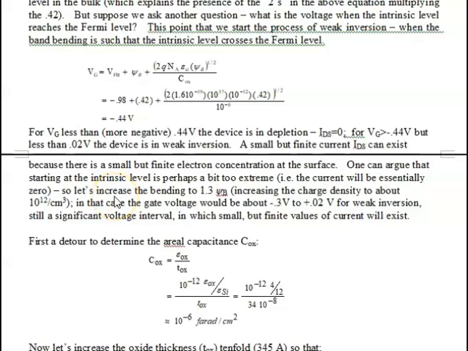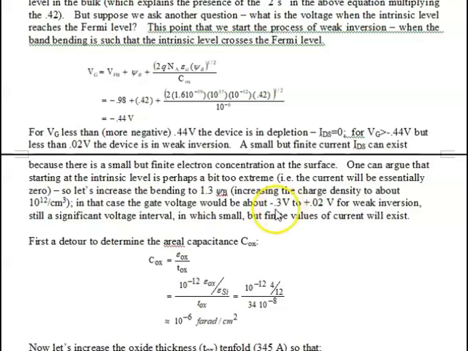So instead of having the gate voltage at VB, where the intrinsic crosses the Fermi level, let's make it 1.3 or even 1.5 times the bulk potential. So then, approximately, you can work this out, you would get a new gate voltage corresponding to V1, and instead of minus 0.44, it would be more positive, let's say about minus 0.3.